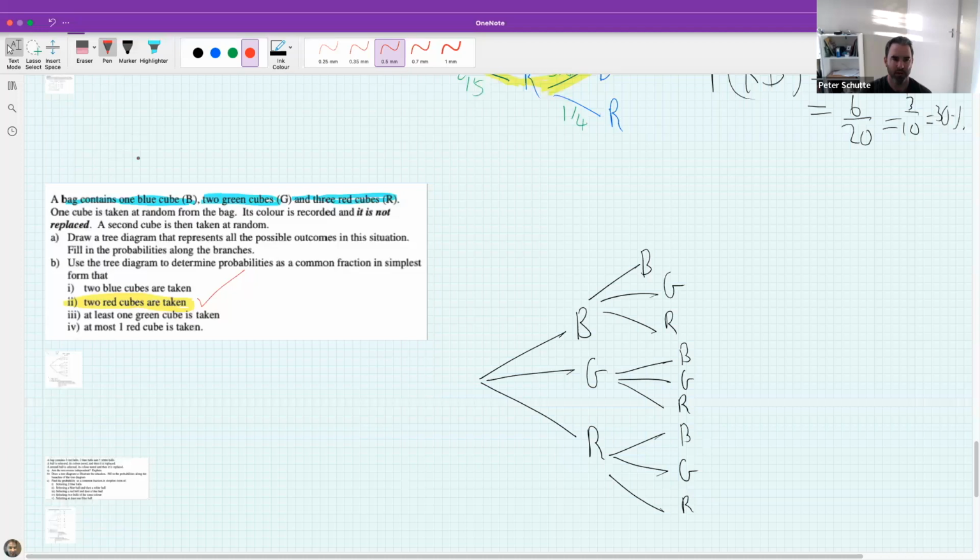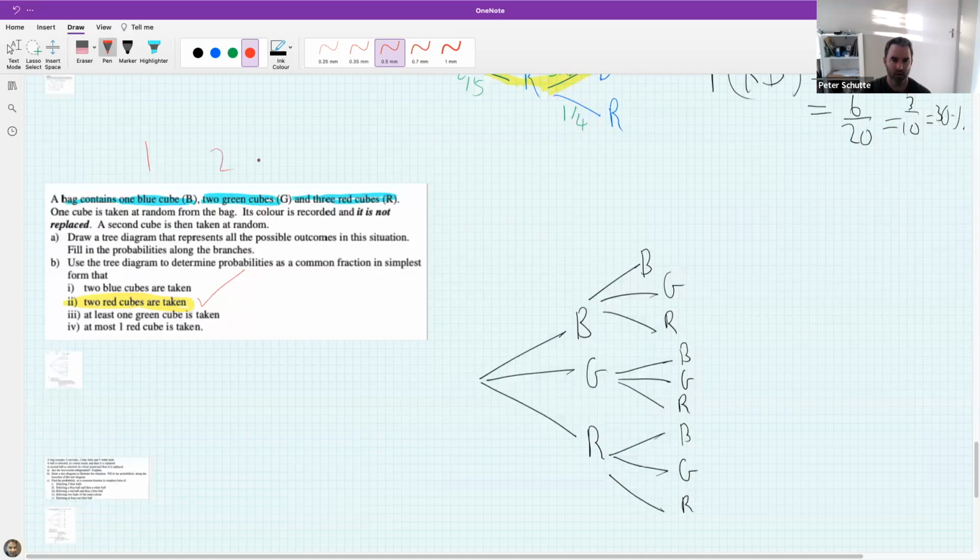So I suppose I need to know how many items there are. So there should be 6. And so the very first branch says there's a 3 in 6 or 50% chance of getting red. But I don't want to know the probability of just getting red on the first throw.